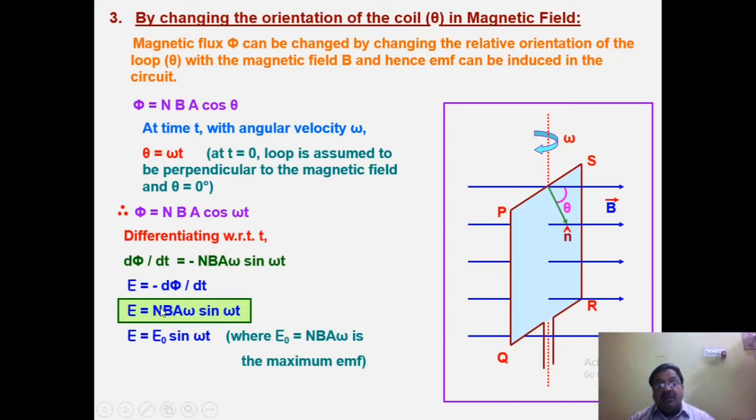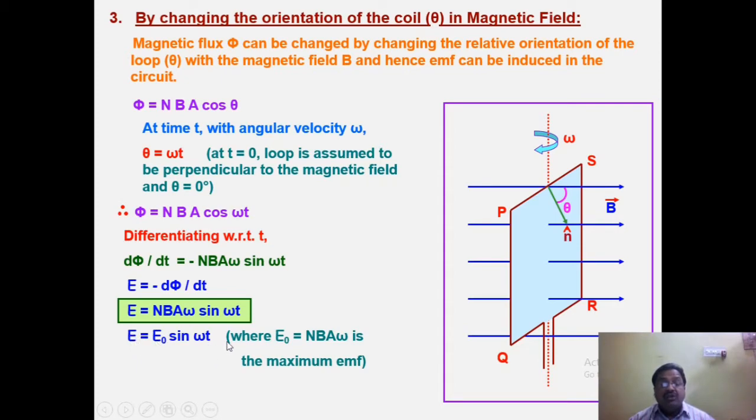You see, the number of turns, magnetic induction B, area A and angular velocity are all constant, so together they may be taken as a constant E0. Of course, if you change any of them, this E0 will change. So let us take E0 equal to NBA omega. So E equal to E0 sine omega t.